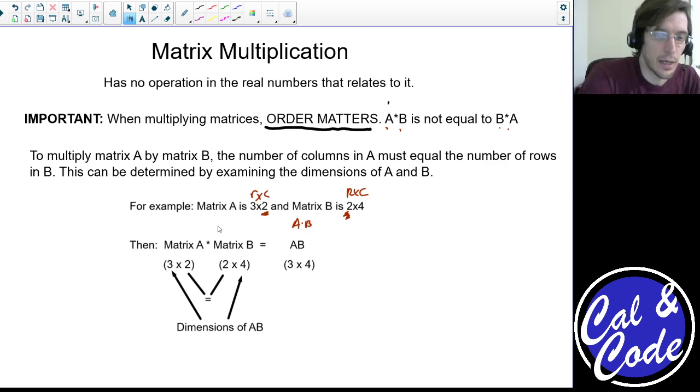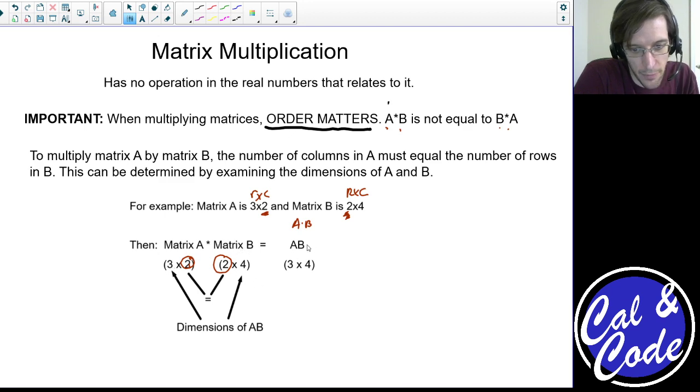One of the things I like to talk about is that you look at the inner dimensions. Are they the same? And if they are, then the dimensions of what will happen when I multiply them together are the outer dimensions. So the matrix AB is a 3 by 4 matrix because of what's left on the outside.